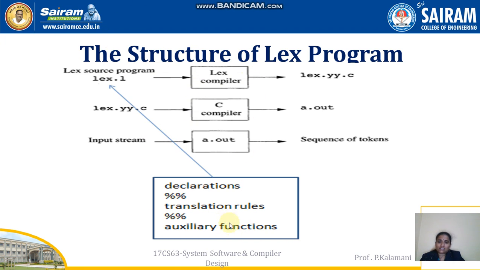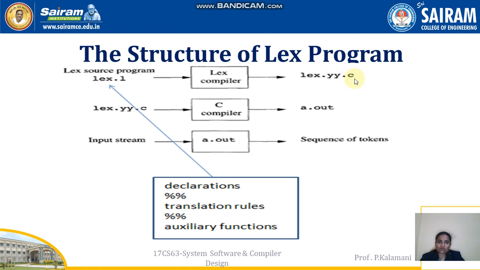Then like other C programs, the Lex program should be written with the .l extension and saved. Then that will be given to the Lex compiler to convert into lex.yy.c, because the Lex program contains Lex code as well as C program statements. The Lex compiler will convert only Lex code into C statements.